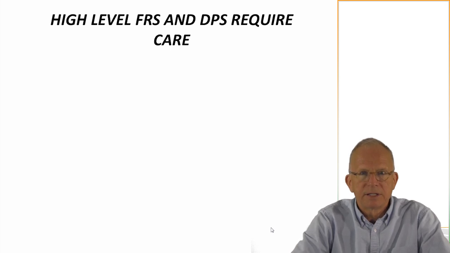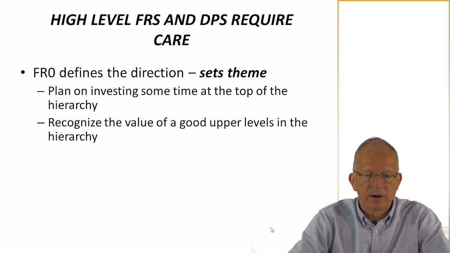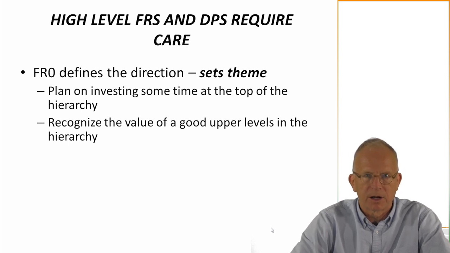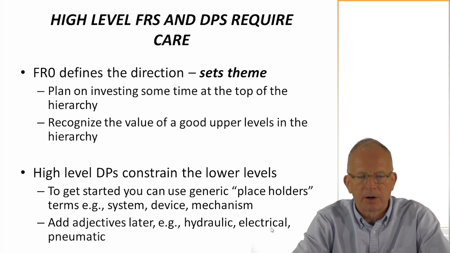High-level FRs and DPs require care. FR0 defines the direction, sets the theme. As I was saying, plan on investing some time at the top of the hierarchy with the upper-level FRs. Recognize the value of good upper levels in the hierarchy and be prepared to invest the time.